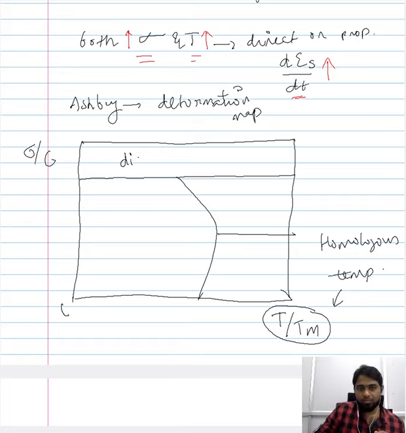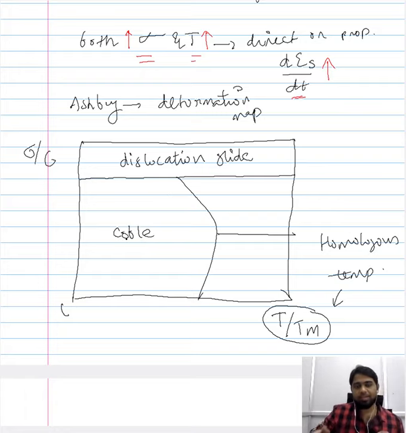So you have your dislocation glide that is operational here, and here you would have your Coble creep mechanism, and here you have your temperature, and you have your high temperature region, and here you have the combination of stress and the high temperature.